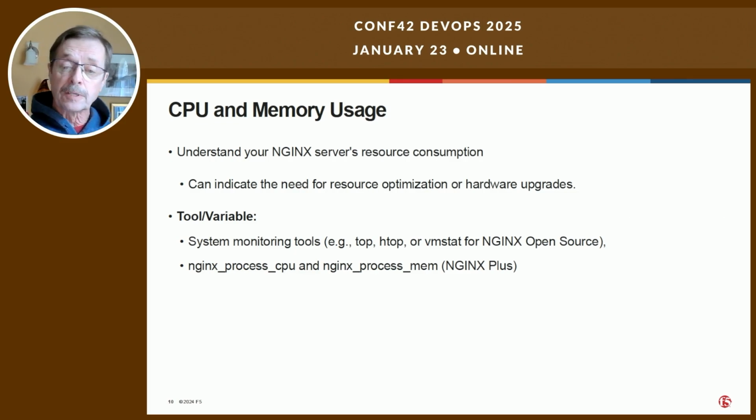Here with open source, we recommend using system monitoring tools, TOP, HTOP, VMstat. And NGINX Plus provides specific endpoints to allow you to look at what process CPU is being used by NGINX and process memory is being used by NGINX. But in any case, it's important to look at what the underlying structure is as you are building these out.